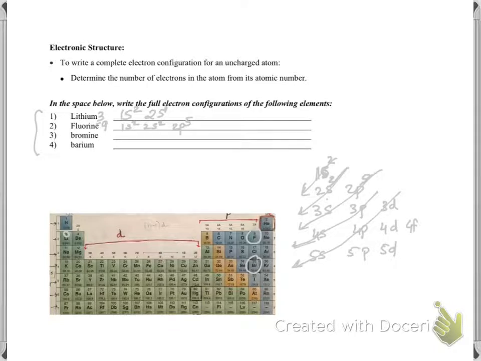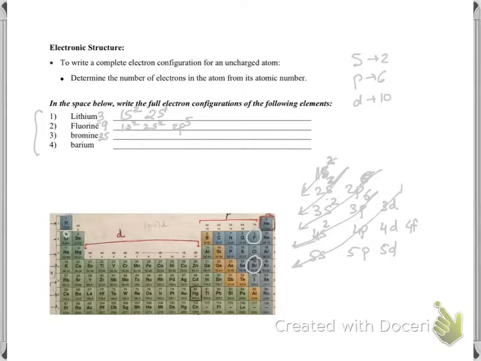Let's talk about bromine. Bromine atomic number is 35. So here 1s2, 2s2, 2p6. What will be after 2p? 3s. s can have maximum 2. Then 3p6. After 3p you go to 4s, 4s2.